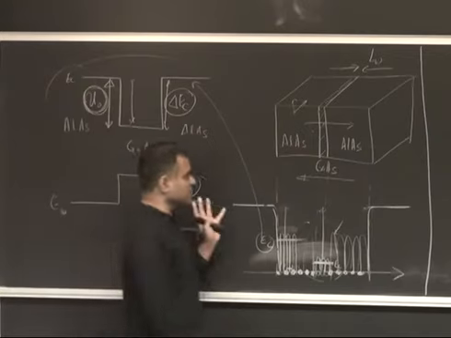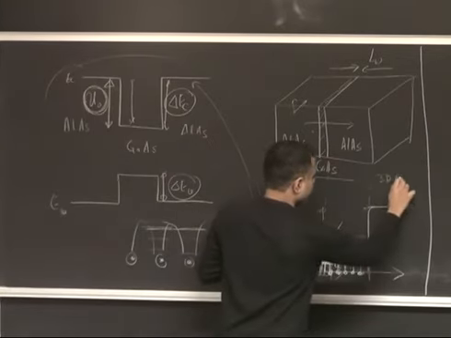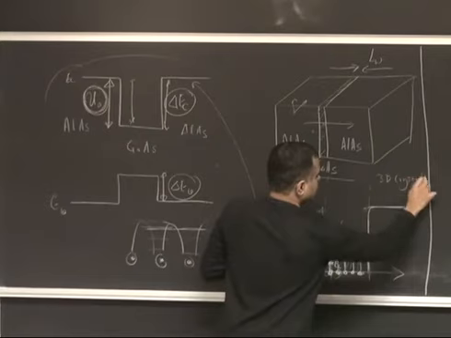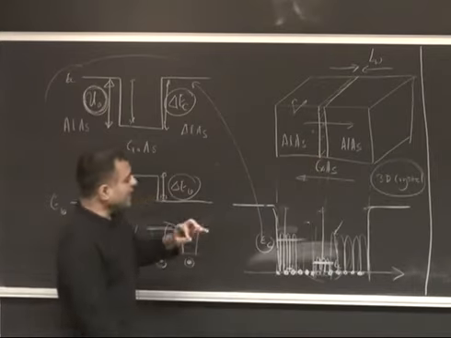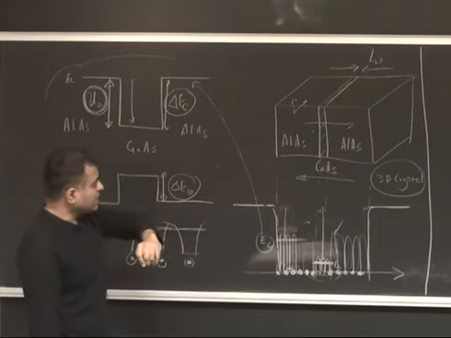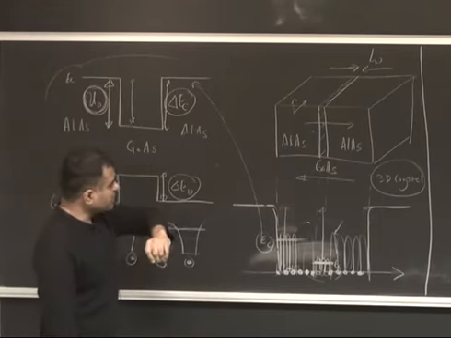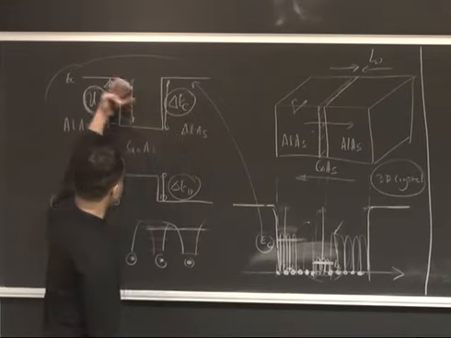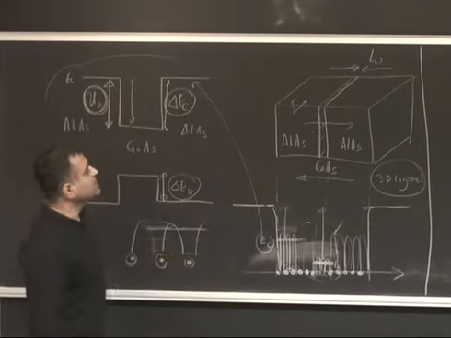So this is a 3D crystal, and the heterostructure is along one direction right now. That's what we are looking at. So meaning the quantum well is actually along one direction only.